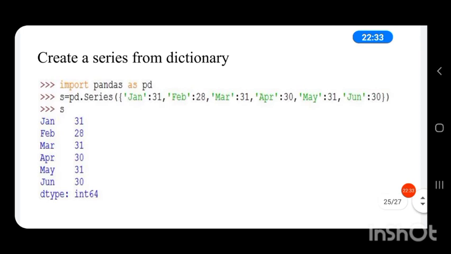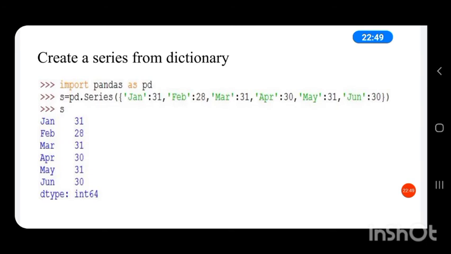Next is creating a series from a dictionary. We all know that a dictionary and a series are similar in a manner, but a series is an ordered and a dictionary is an unordered data set.